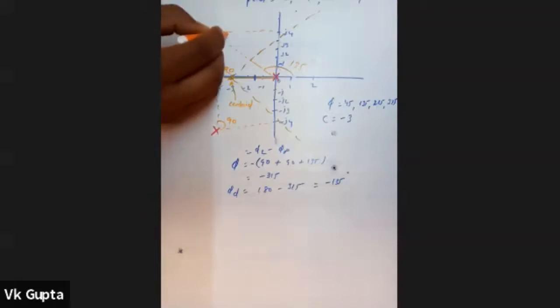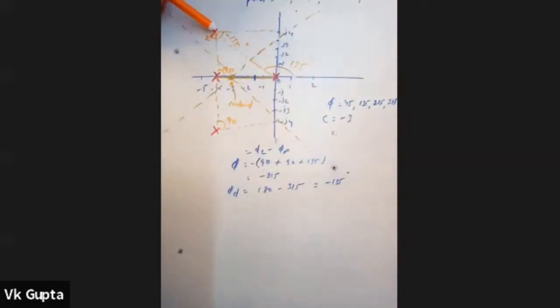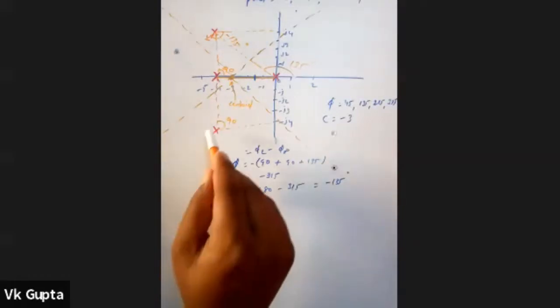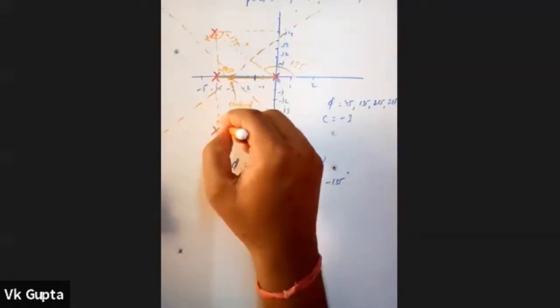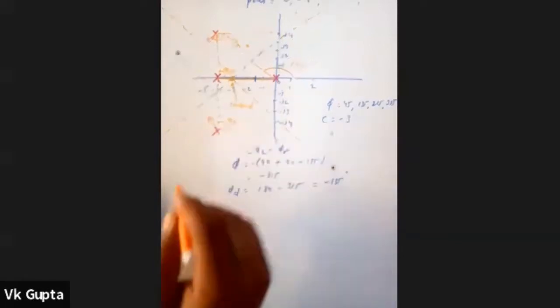So this angle is minus 135. So this is the angle of departure. It is very clearly evident that this pole will start here and travel at 135 and then go along with asymptote. Similarly, this will also go at 135, and it will go like this side.